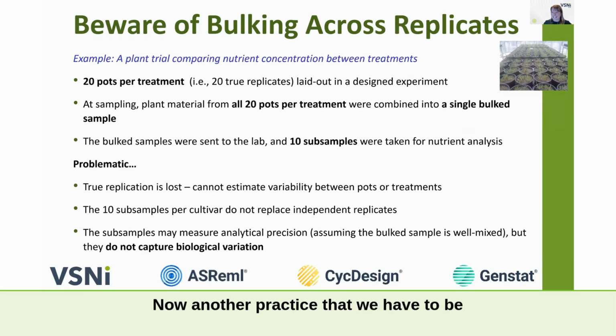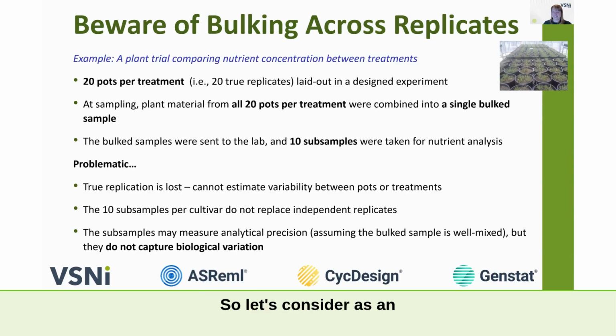Another practice that we have to be very, very careful of is bulking or combining samples. This can be done for some good reasons. It can be done to reduce measurement cost or simply to provide enough material for analysis. However, sometimes it's also done simply because it's more convenient to do so.